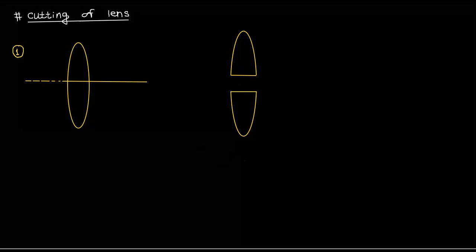This dotted line indicates that we have cut this lens like this, and now these two parts we have placed in this manner.